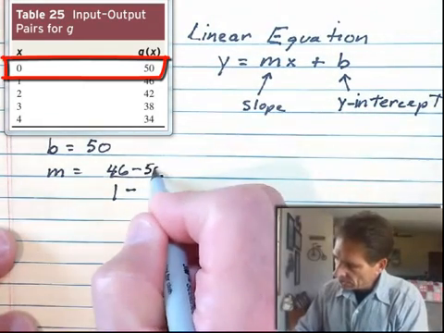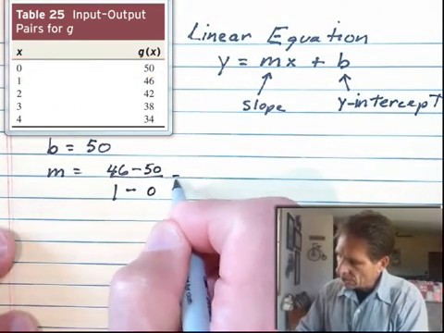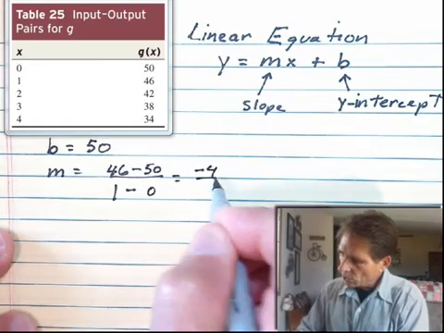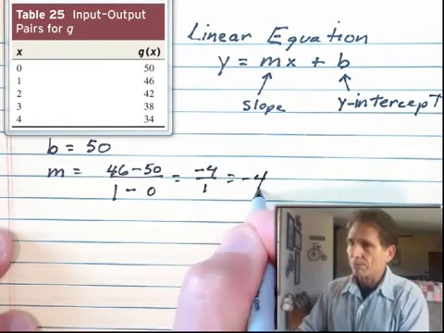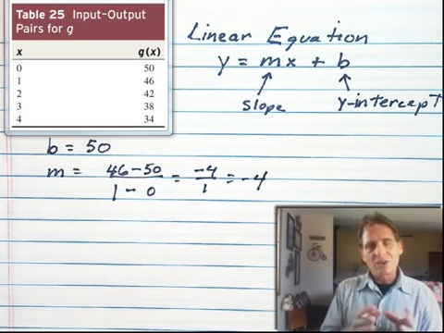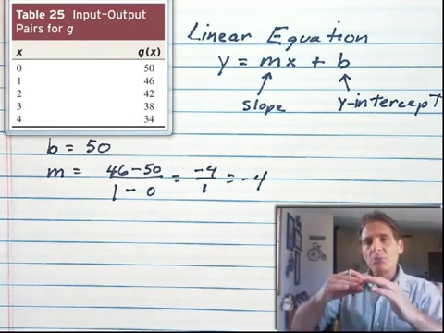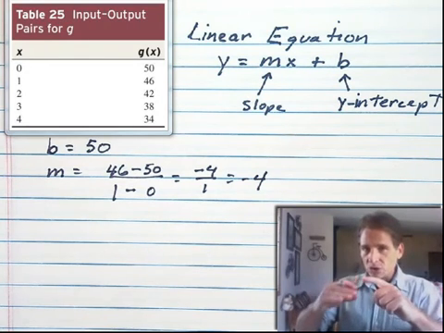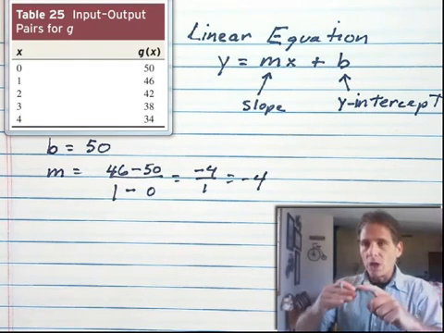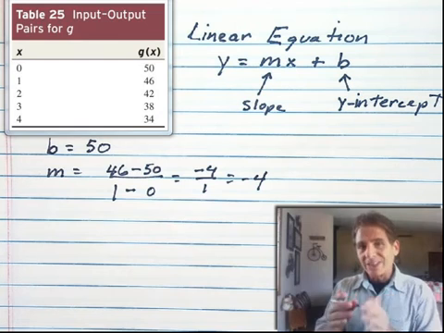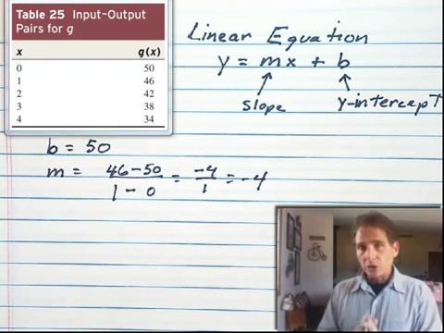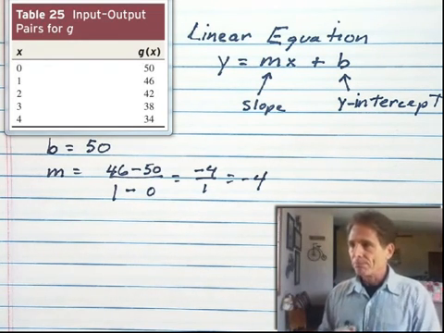So I'll put 50 here and 0 here. We get negative 4 over 1 or negative 4. Notice that slope, even though it's the rise over run, by definition, basically each time you move a unit, which just means by an x value of 1, each time you move 1 unit, that will be your slope or your change from point to point.